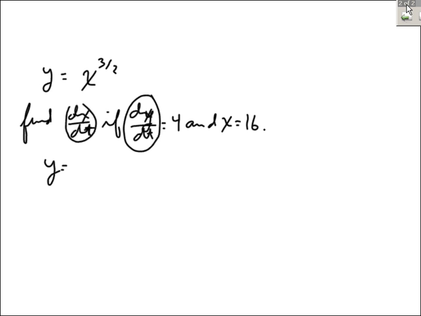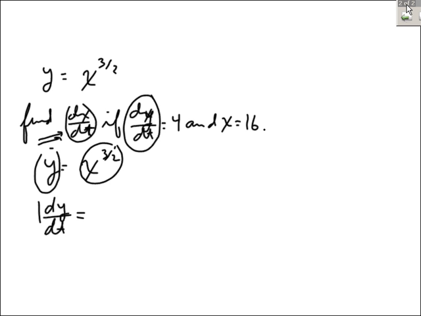So we know that y is x to the 3 over 2. The derivative of y is 1 times dy, with respect to t. They're telling us to find the derivative of x with respect to t, so when we find the derivative of y, it's also with respect to t.